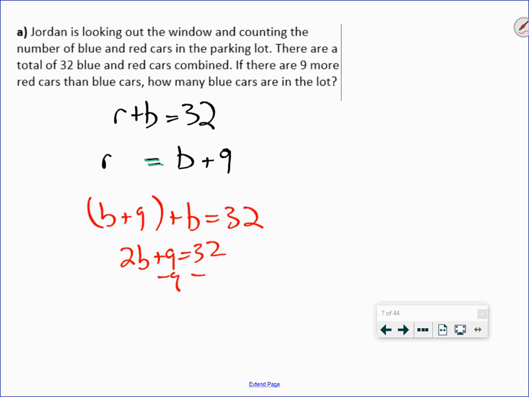And subtract 9 from both sides, and I'll get 2b equals... I'm sorry, whoops, I messed that up.